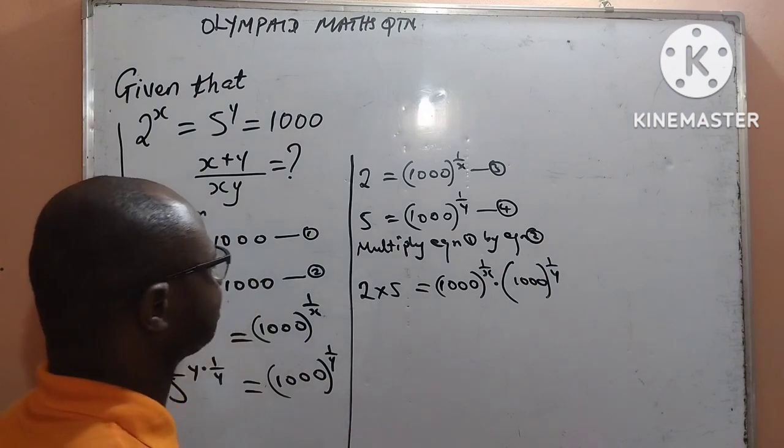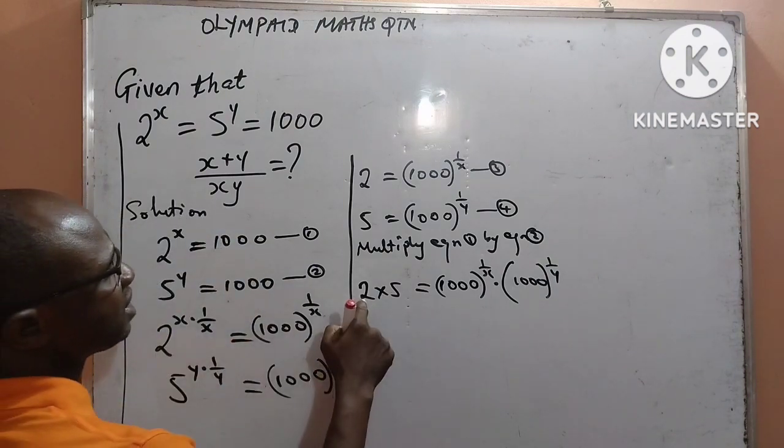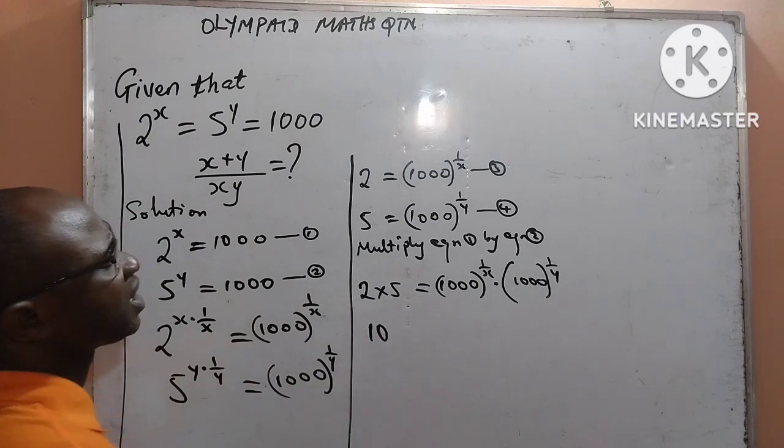This is very logical. Then on the left hand side, 2 multiplied by 5 gives me 10.